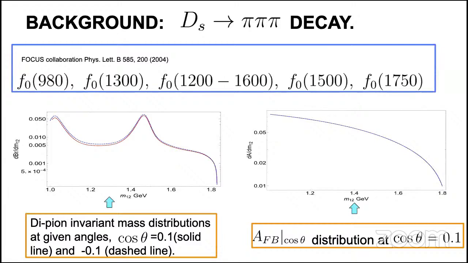On the other hand, we have the forward-backward asymmetry, taking cos theta 0.1. In this case, we have both taking only the phase and taking the normal, and in this case we don't see a difference.